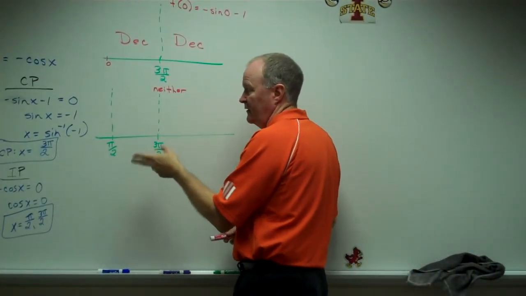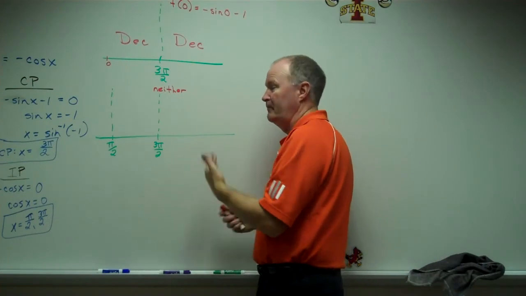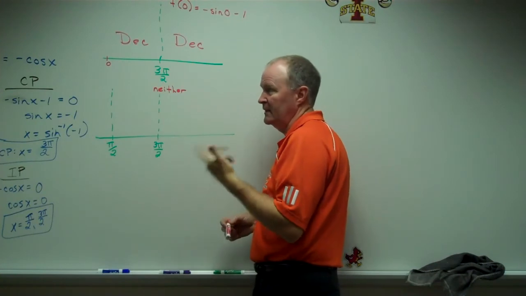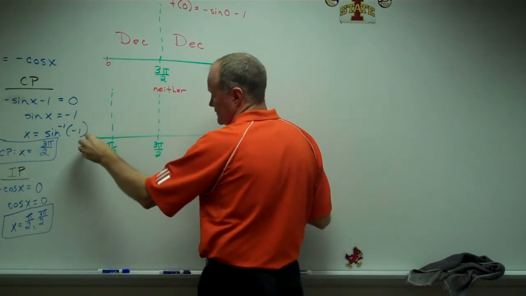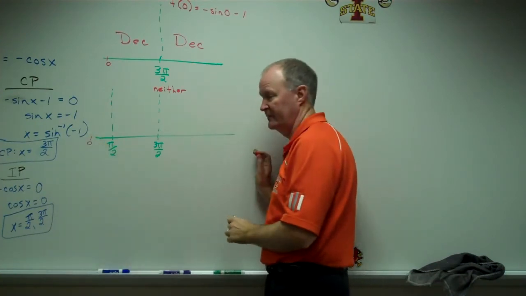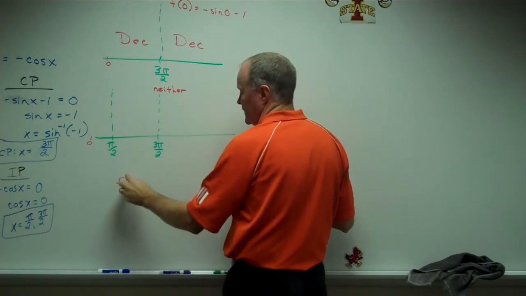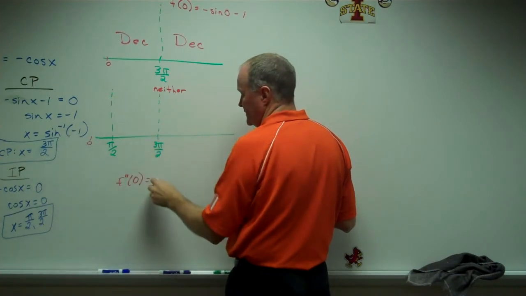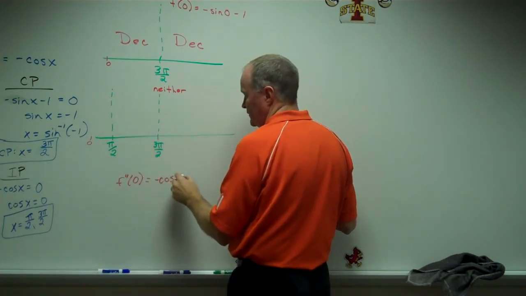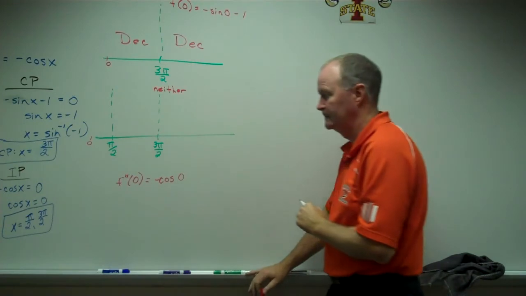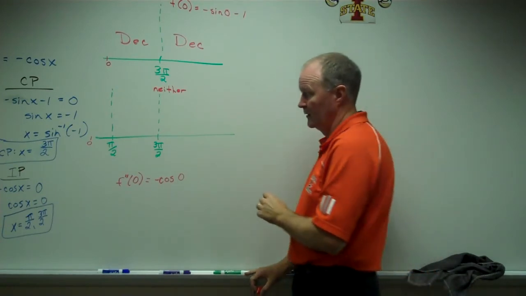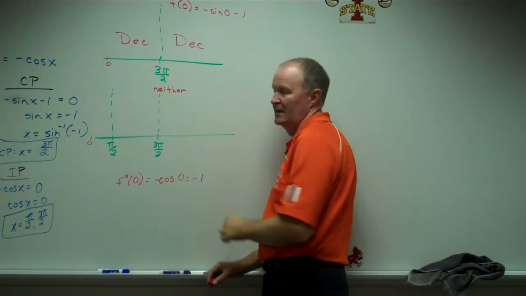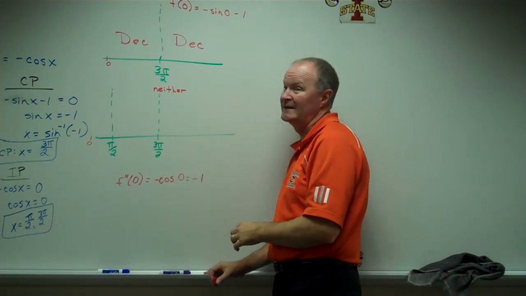Concave up, concave down. Same kind of thing. I gotta pick some numbers. It doesn't matter which one, but the easiest thing to do is pick 0 again. Second derivative at 0. Second derivative is the opposite of the cosine of 0. Well, the cosine of 0 we just said was 1, so this is negative 1, which tells me what?